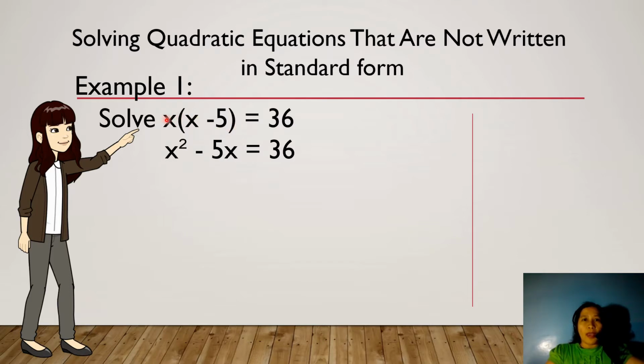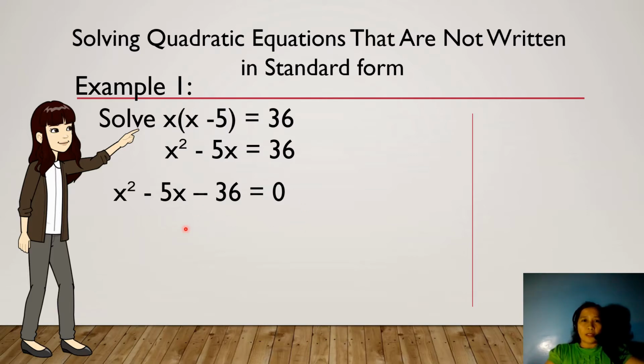So, x times x is equal to x squared. x times negative 5 is negative 5x, equals 36. Just bring down. And then, copy x squared minus 5x, transpose 36, so it becomes negative 36 equals 0. This is now the standard form.